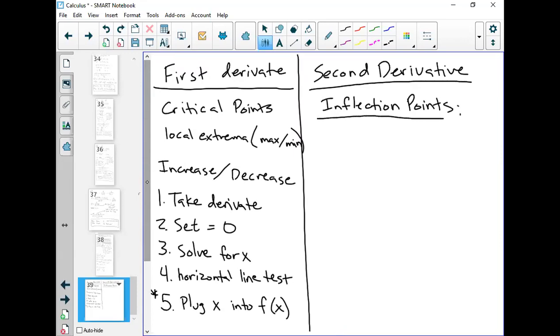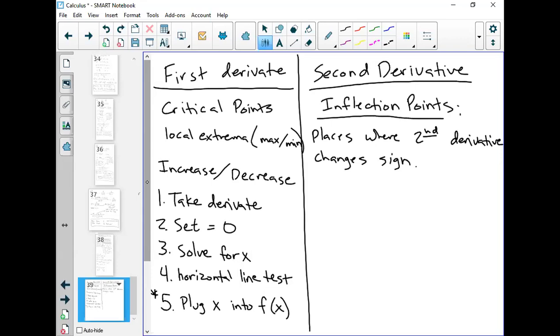And inflection points are places where the second derivative changes sign. Places where the second derivative changes sign. That means it goes from positive to negative or negative to positive.